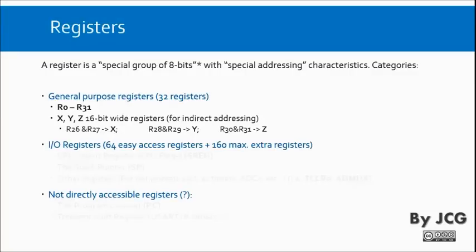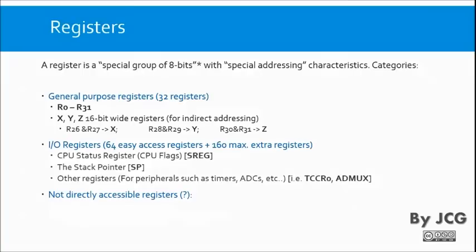Registers 26 and 27 correspond to register X. Registers 28 and 29 correspond to register Y. And registers 30 and 31 correspond to register Z. Inside the I/O registers, we have some of the following registers. One of the most important ones that we were already discussing is the CPU status register. Another register is the stack pointer, which we will be explaining in this video also.